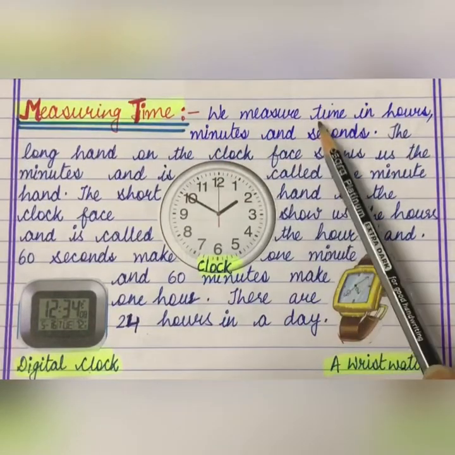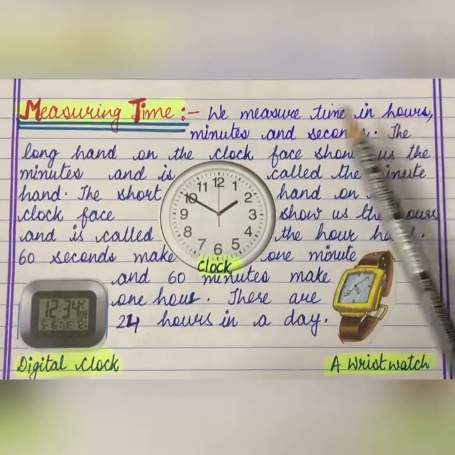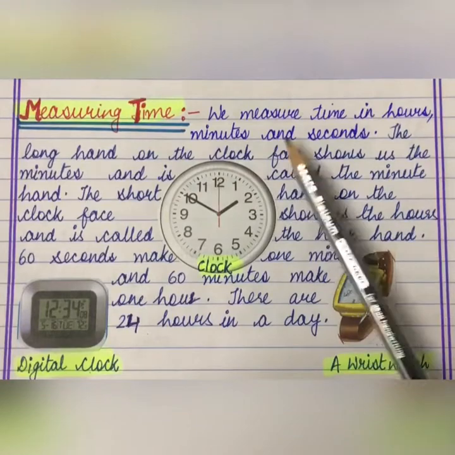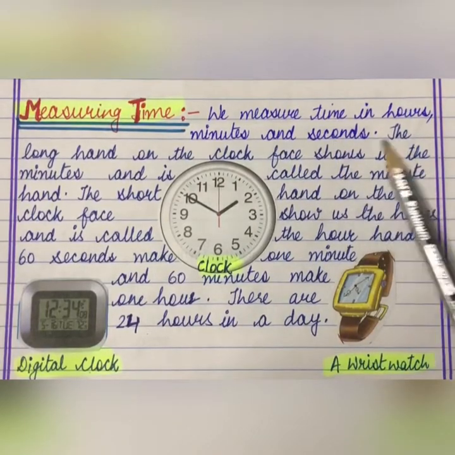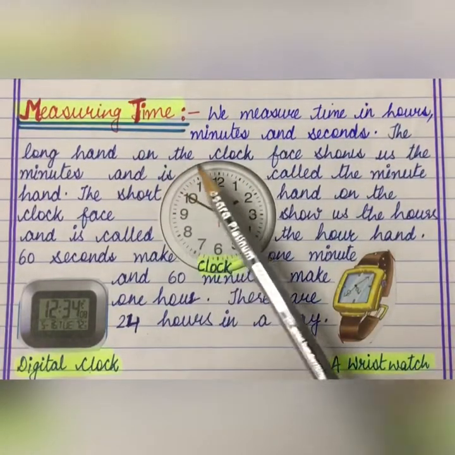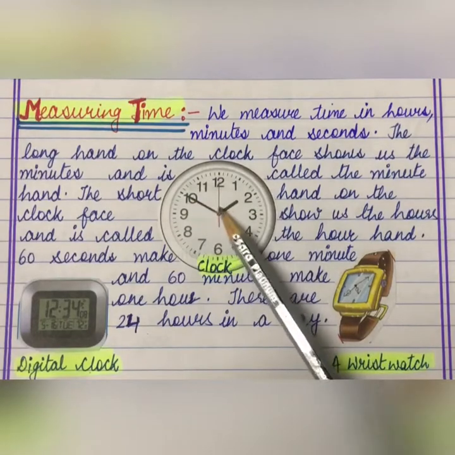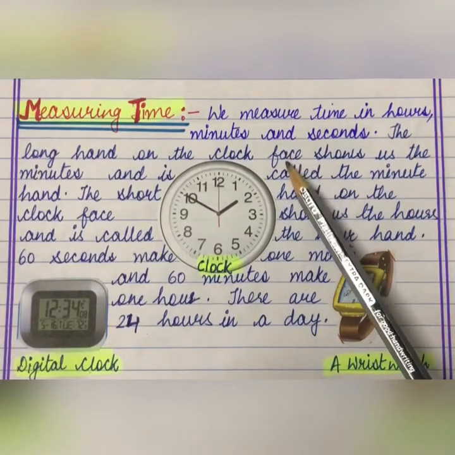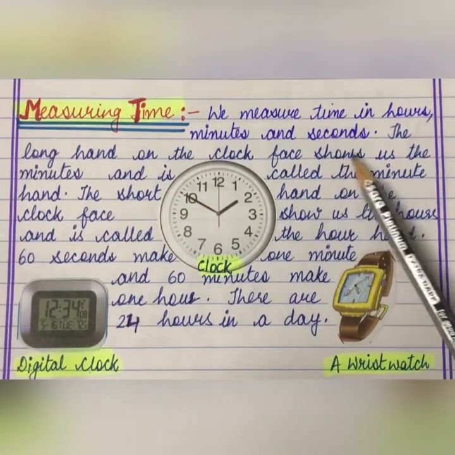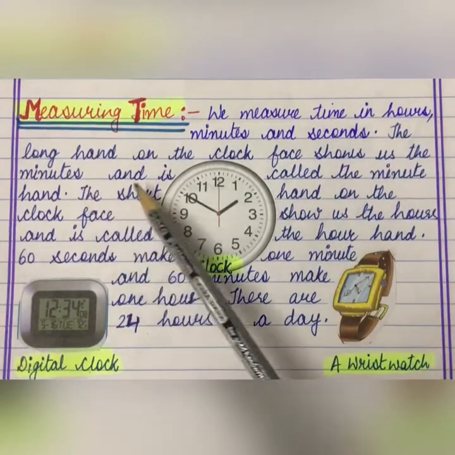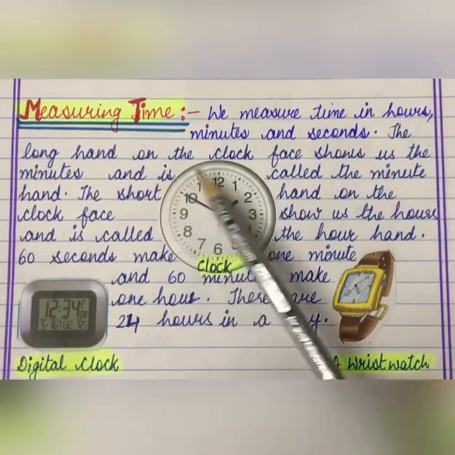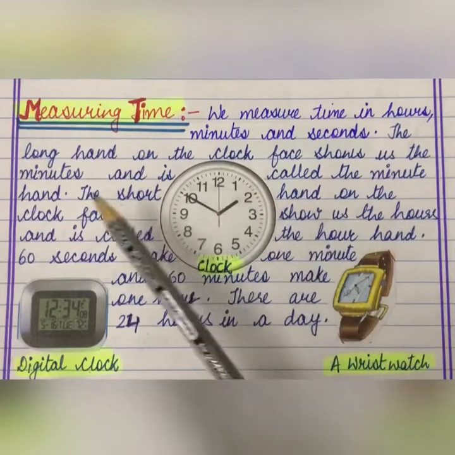We measure time in hours, minutes, and seconds. The long hand on the clock face shows us the minutes and is called the minute hand.